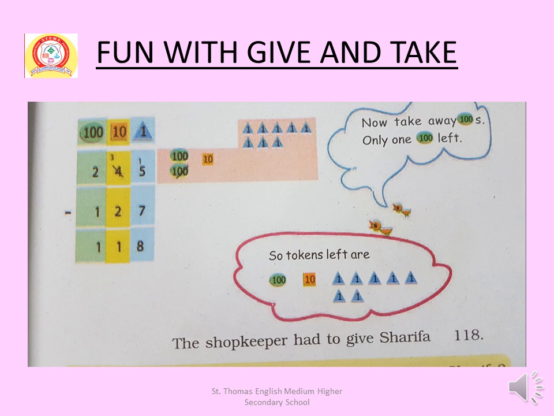So write 1 token in hundreds column. So you get the answer 118. So the shopkeeper had to give Sharifa 118.